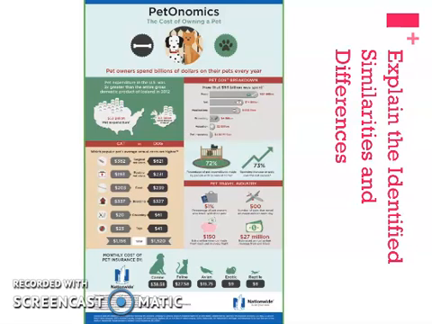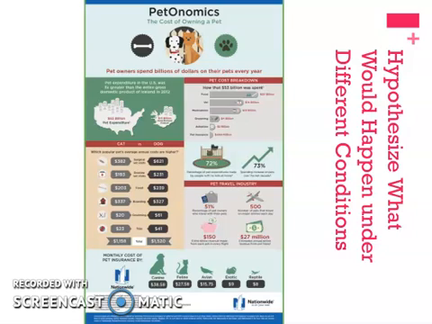Why might you expect to see some similarities? Why would you expect to see some differences? Poodles get groomed. Cats generally don't. So inviting students to engage in that conversation to reason about the data that they're observing.